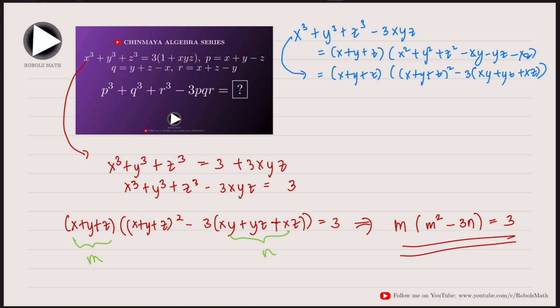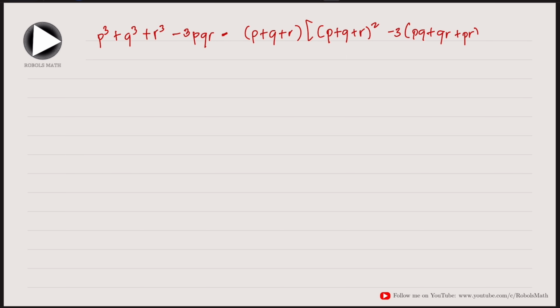Next, the expression we're looking for, p cubed plus q cubed plus r cubed minus 3pqr, resembles very much this given formula here, which means that we can write p cubed plus q cubed plus r cubed minus 3pqr as p plus q plus r times p plus q plus r squared minus 3 times pq plus qr plus pr.